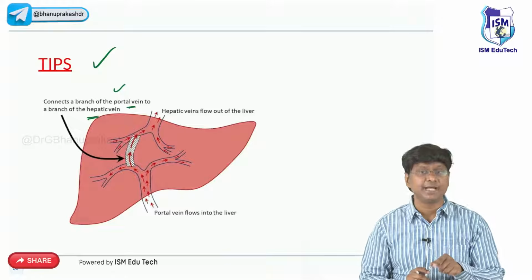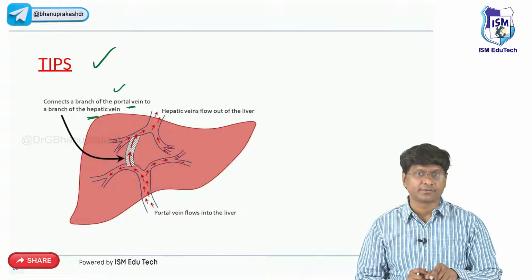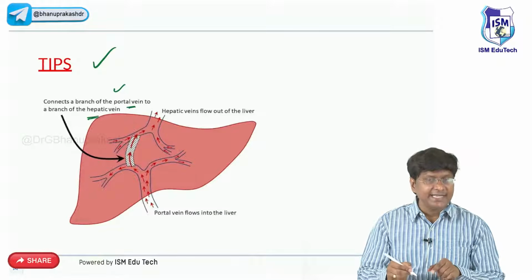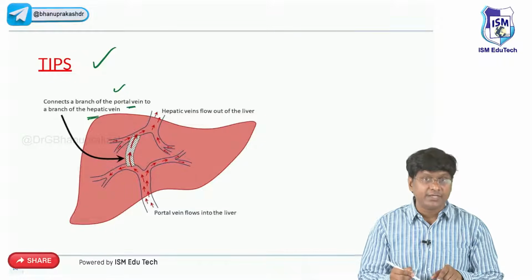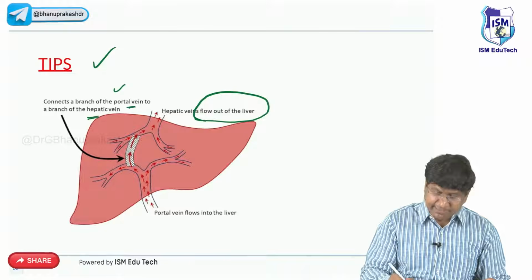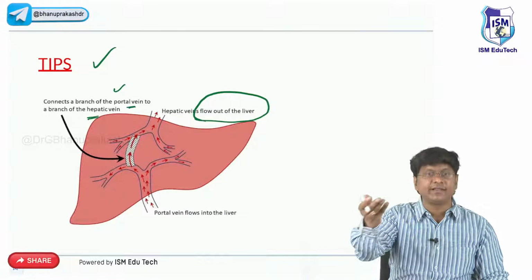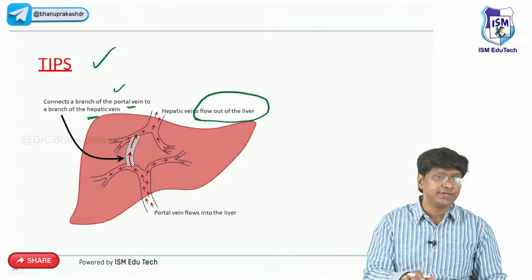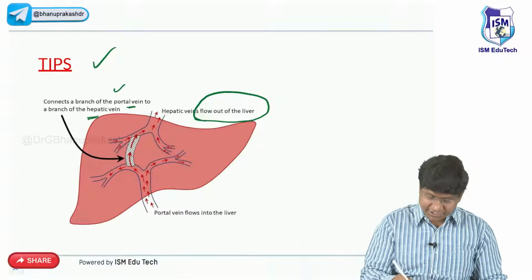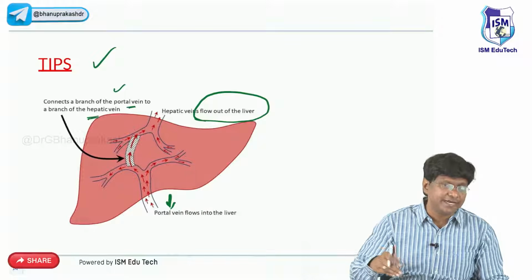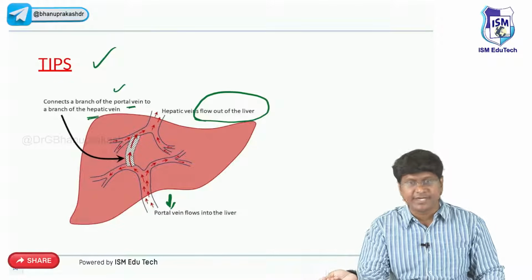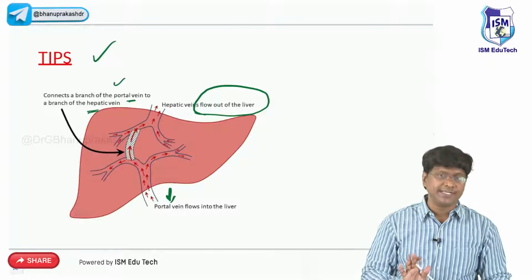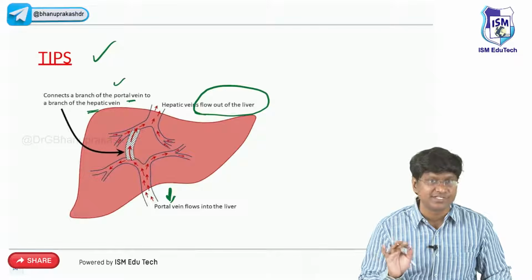Thereby you are directly connecting the portal vein to the hepatic vein, making the portal venous blood enter directly into the hepatic vein, not into your liver. So your portal venous pressure can be reduced, because the portal venous blood enters the hepatic vein and from there enters the inferior vena cava. So that is about TIPS, that is, transjugular intrahepatic portosystemic shunt.